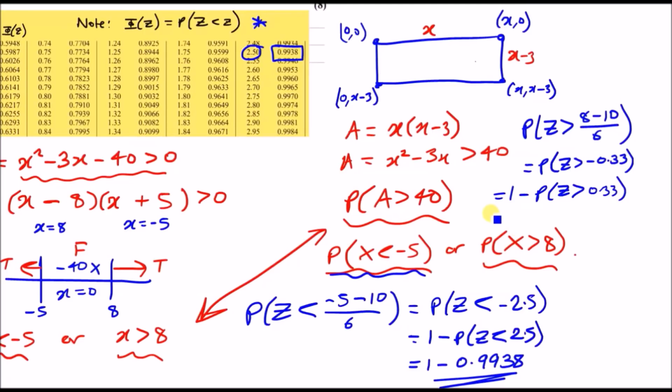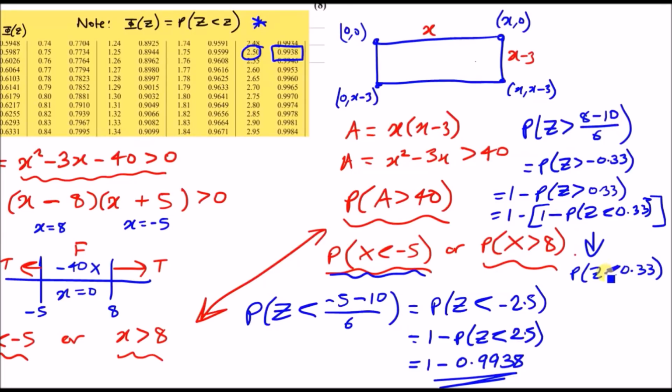So this is now going to equal 1 minus, and then factorizing this out, 1 minus again, z less than 0.33. And conveniently, when you expand the bracket, this is actually identical to just the probability z less than 0.33. Okay, so that's all it is.